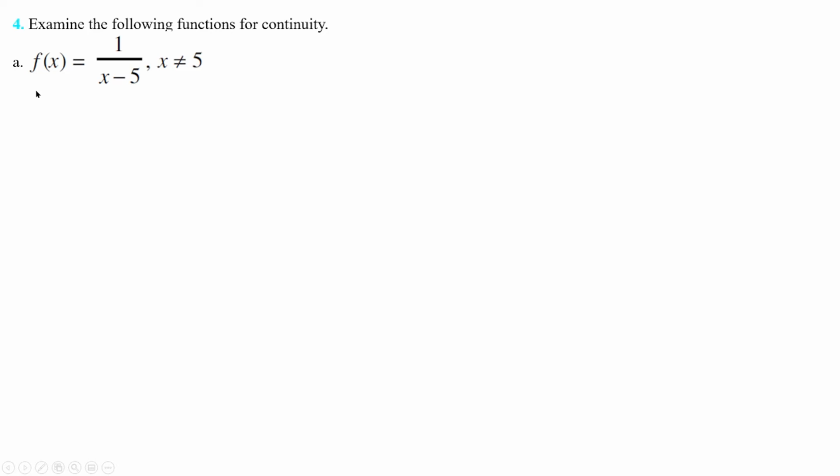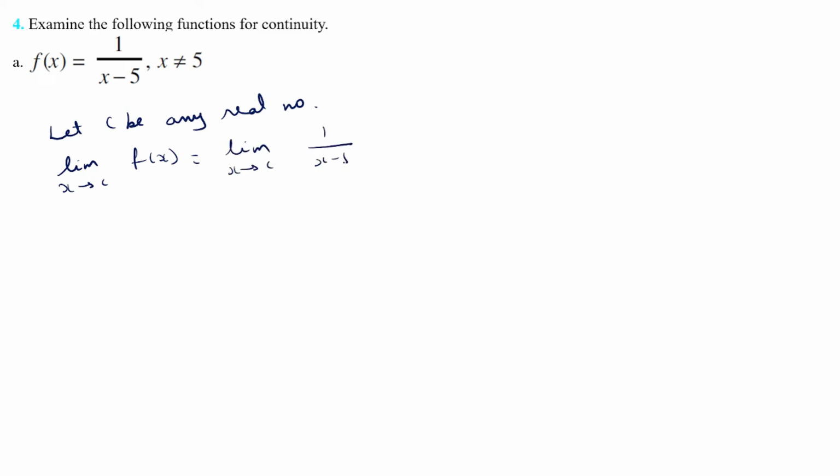Next question, f of x is equal to 1 by x minus 5, x not equal to 5. Here we have to examine the following functions for continuity, that is at any point x which is not equal to 5. So let c be any real number. Now limit x tends to c f of x will be limit x tends to c 1 by x minus 5, which is 1 by c minus 5.